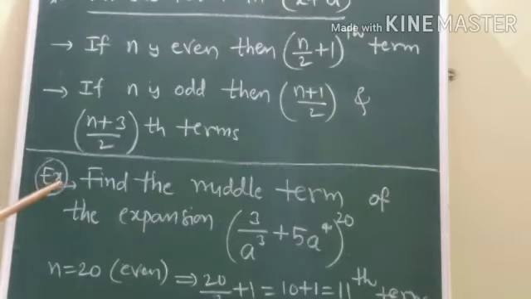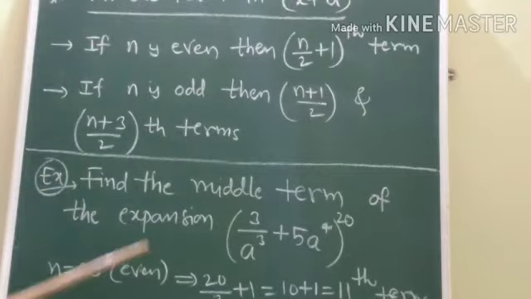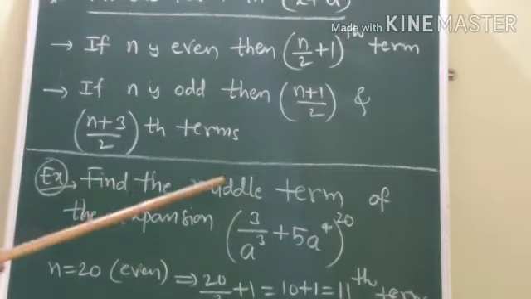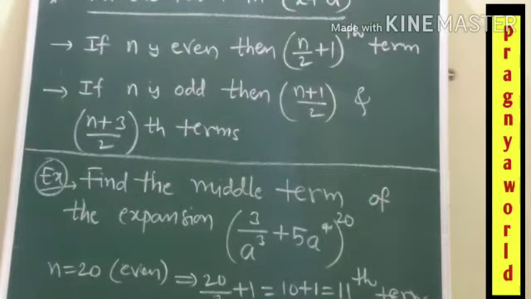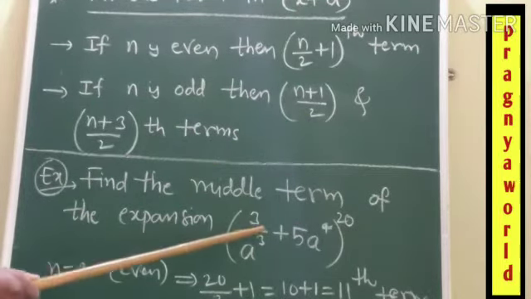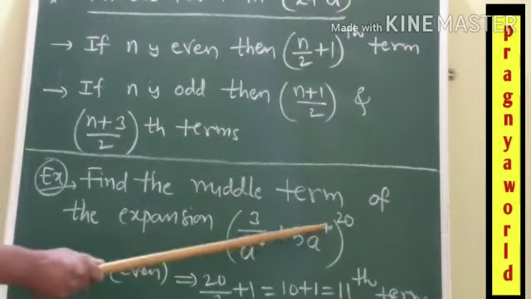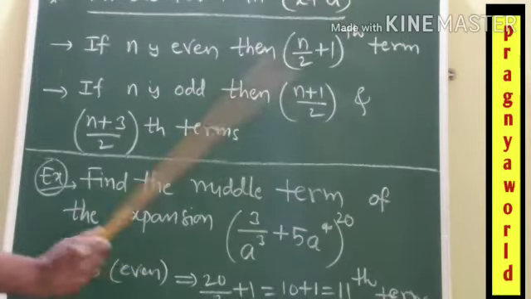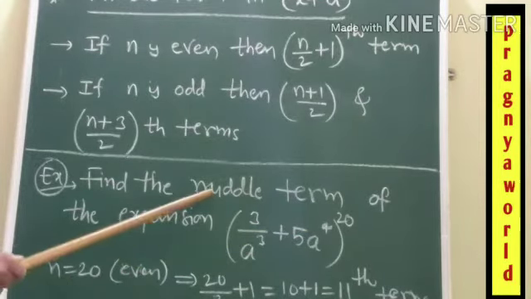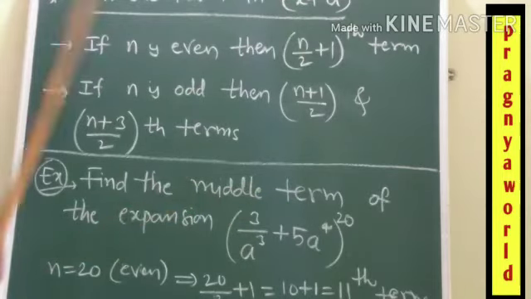Now let us see an example based on the middle term of the binomial expansion. Here the problem is: find the middle term of the expansion (3/a^3 + 5a^4)^20. Now what is the index?